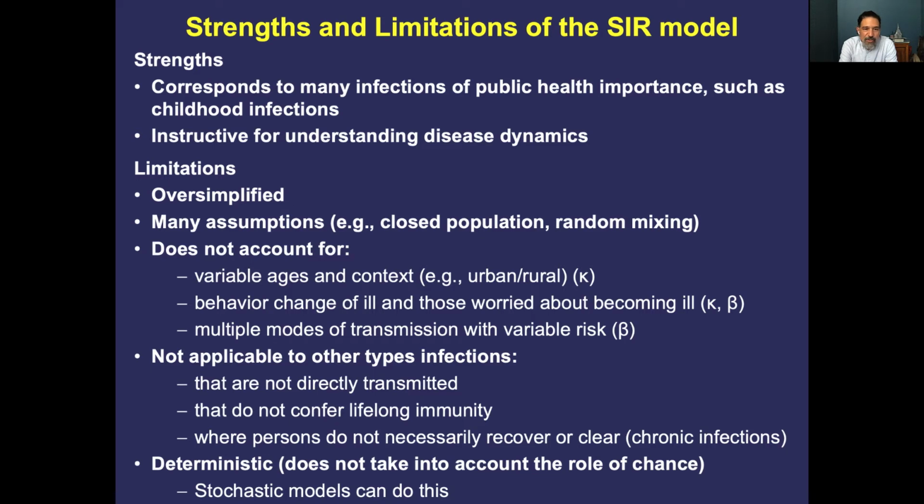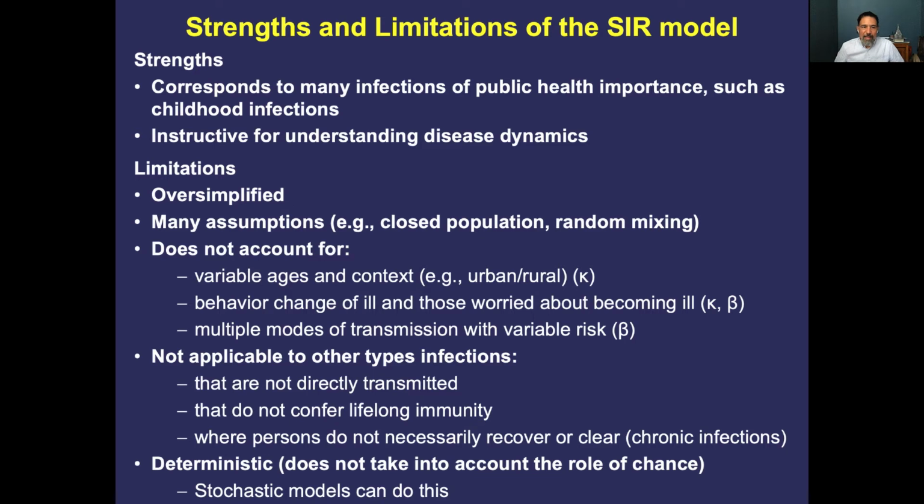And finally, it's deterministic. It's purely mathematical. The equations determine what will happen over time. And as we know, there's a role of chance in a lot of the interactions that occur in the world, and there's a probability that's associated with transmission of infectious diseases in the real world.